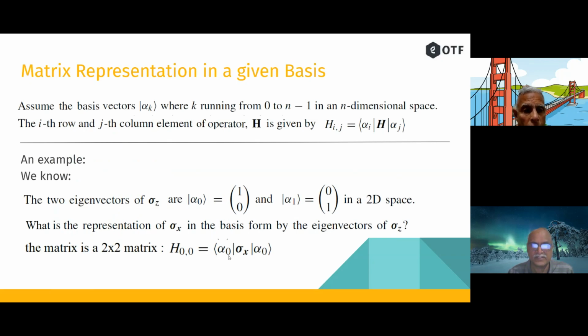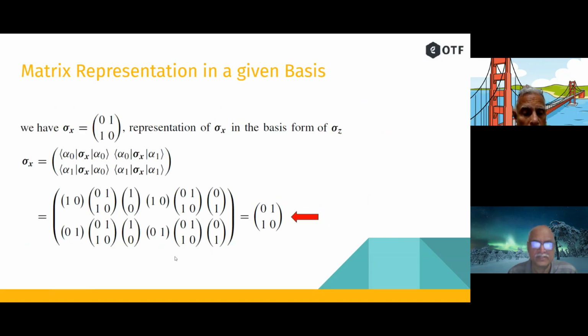Remember, this is my formula for my computation. So my formula will be, let's say, bra alpha 0 sigma x ket alpha 0. This will be bra alpha 0 sigma x ket alpha 1. This will be bra alpha 1 sigma x ket alpha 0, and once again here it will be alpha 1 and alpha 1. The moment we expand that and plug in over here, this is what we are going to get.